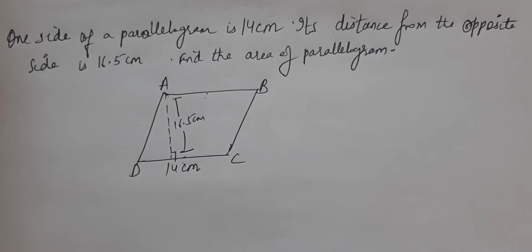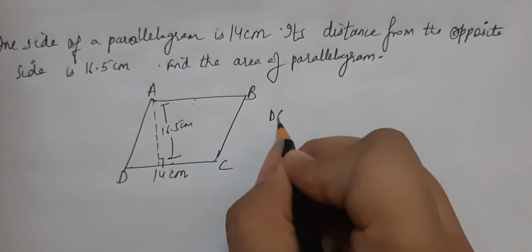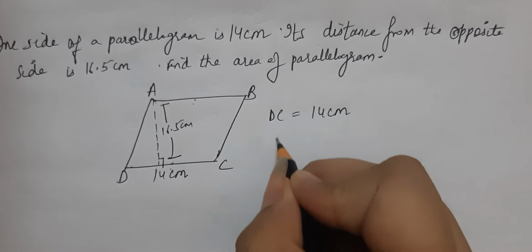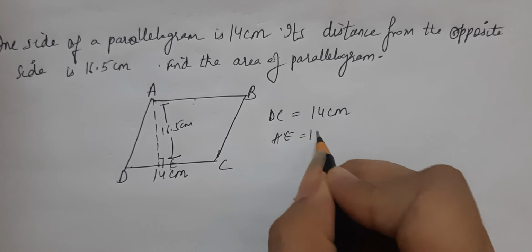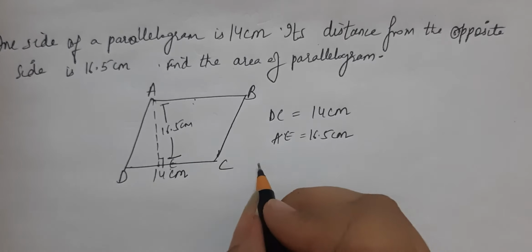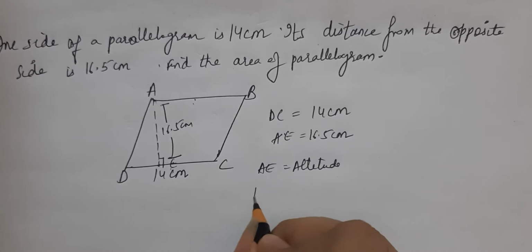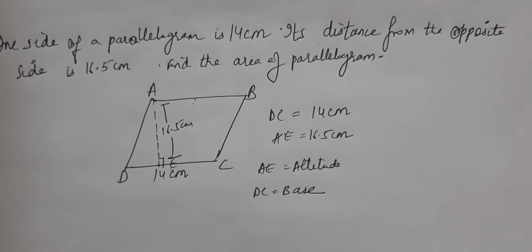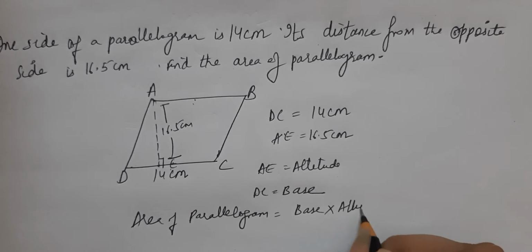So it's direct that you have to find the area. You will first write what is given to you: DC is 14 centimeter, let us name A as E, AE as 16.5 centimeter, and AE is the altitude, BC is the base. So area of parallelogram will be base into altitude.